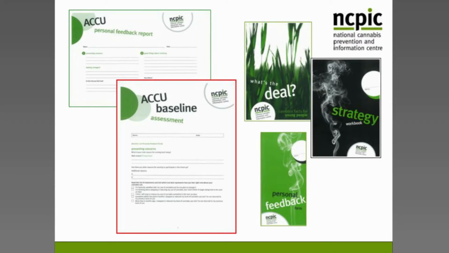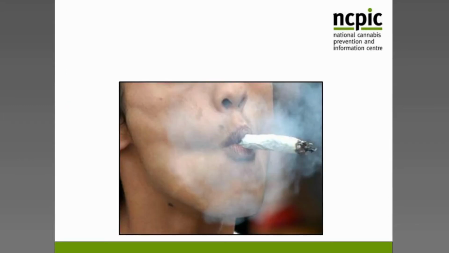It doesn't have to be one; it can be two, three, or four, however many sessions they want to see you. Okay, in terms of the assessment, in the first session you will use the ACCU baseline assessment, which looks like that. Alrighty, so here we go.